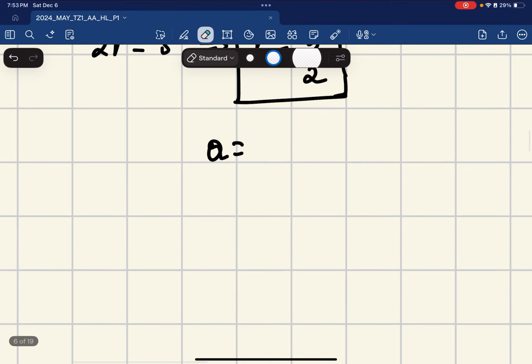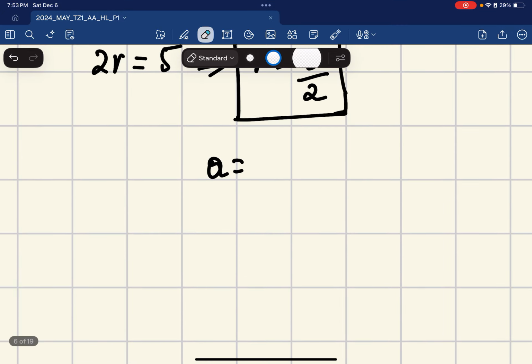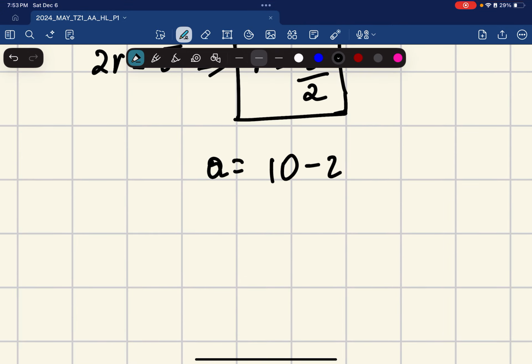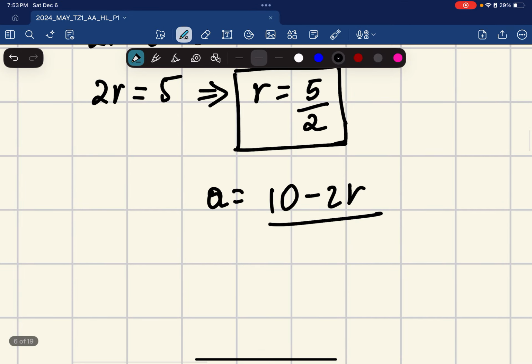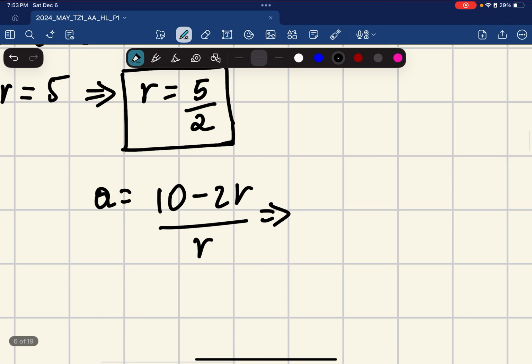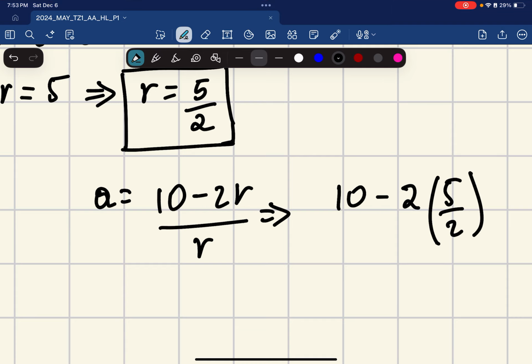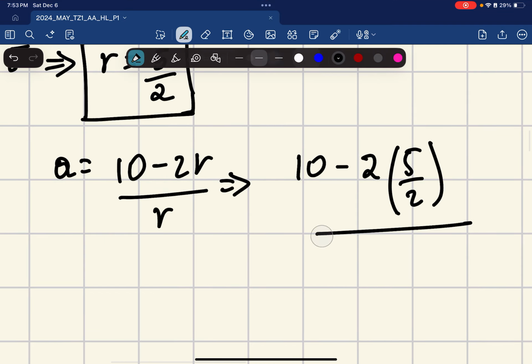So here I'm going to be using theta is equal to 10 minus 2r over r. Now I'm going to put back what r is, so I'm going to have 10 minus 2 times 5 over 2, over, what is r?